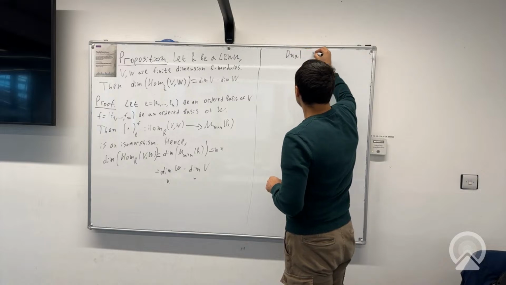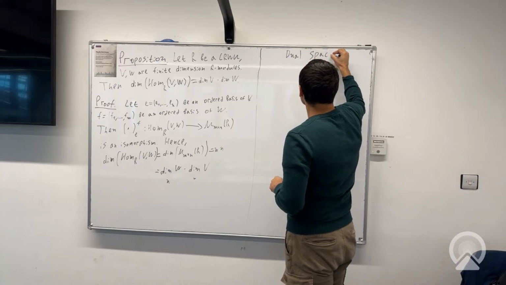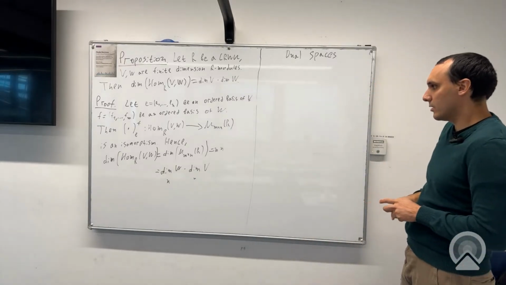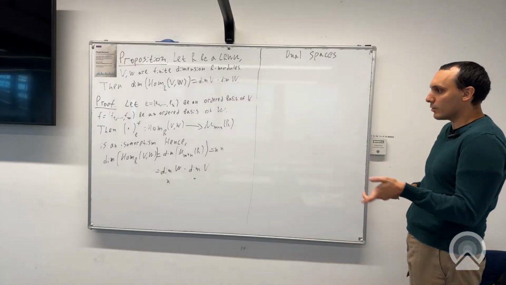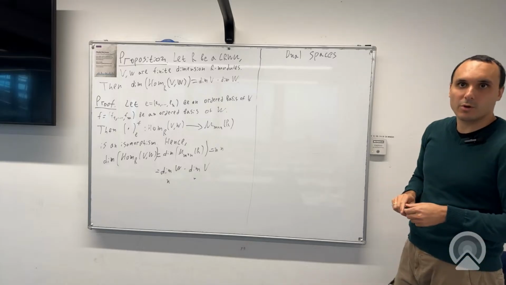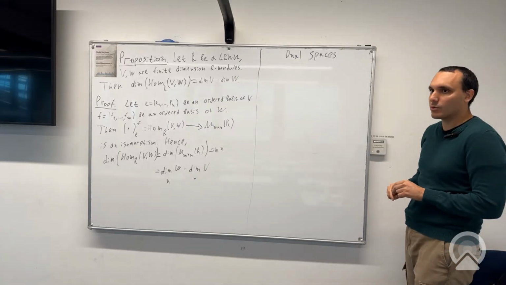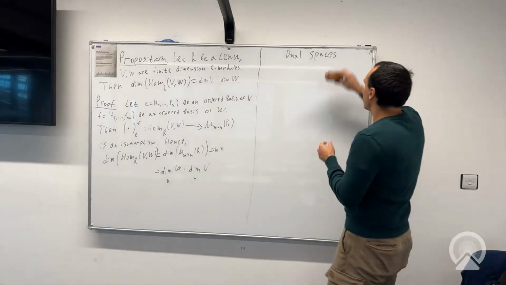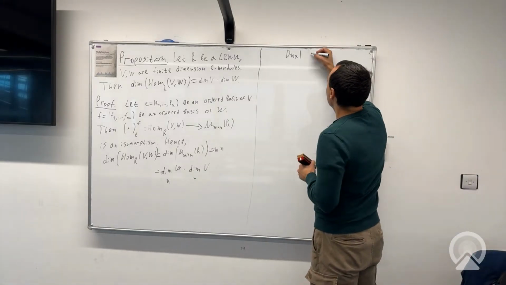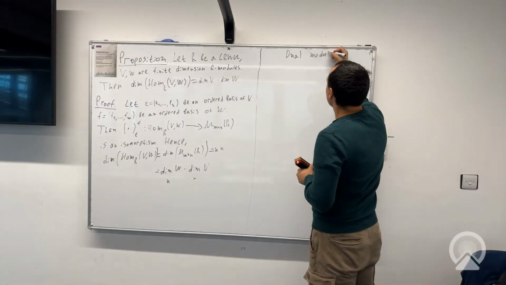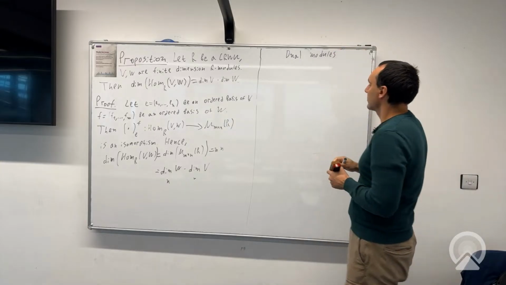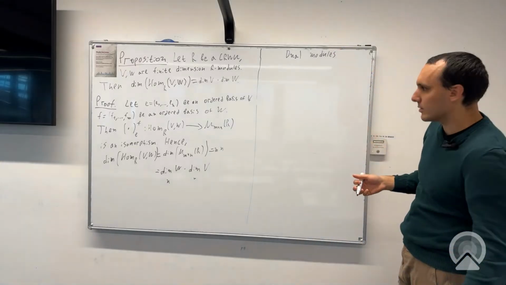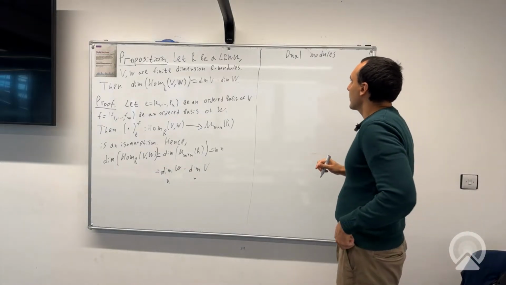Dual spaces, because some of the most important spaces, the spaces of differential forms in the continuum and the spaces of cochains in the discrete world, are all dual spaces. Sorry, not dual spaces, but dual modules maybe. They're dual spaces when we talk about vector spaces.